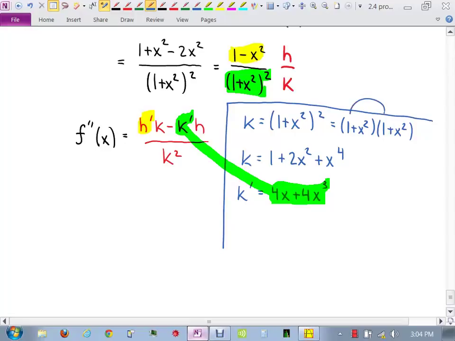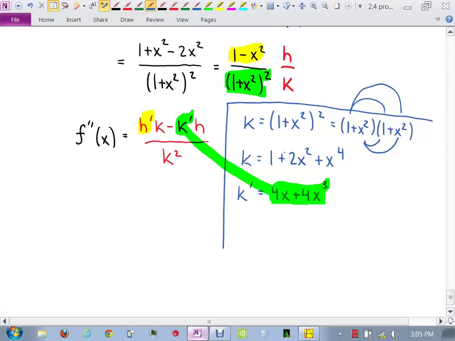And then I did a FOIL. 1 times 1 is 1. 1 times x squared is x squared. X squared times 1 is another x squared, so that's 2x squared. And then x squared times x squared is x to the fourth. Okay, so that's the next line. And then the next line is the derivative. Is that a little better? Yeah? Okay.